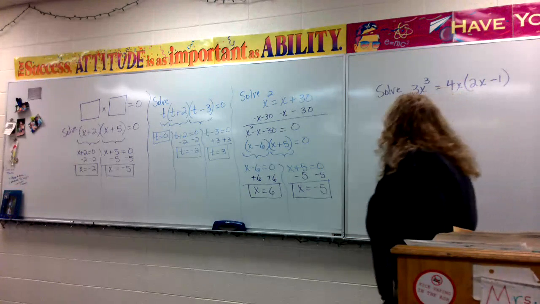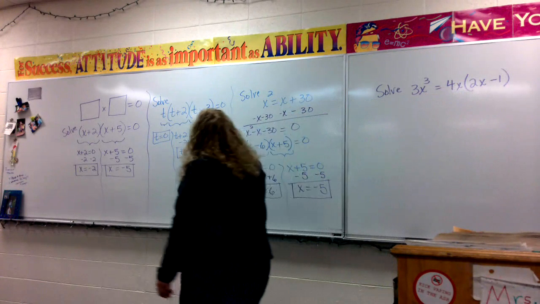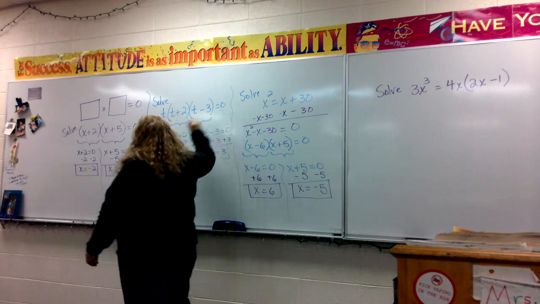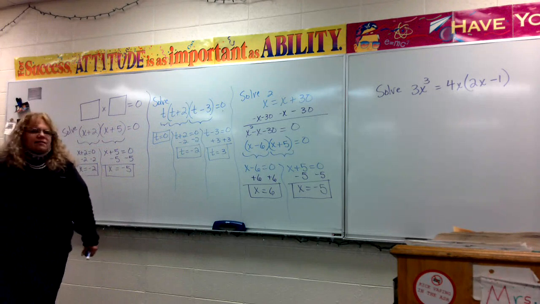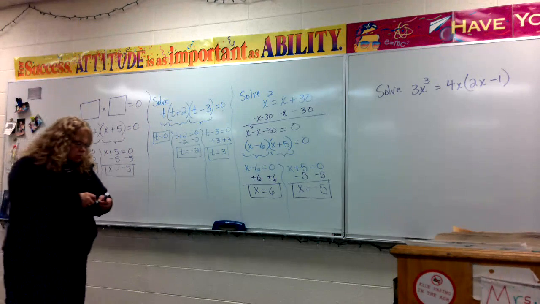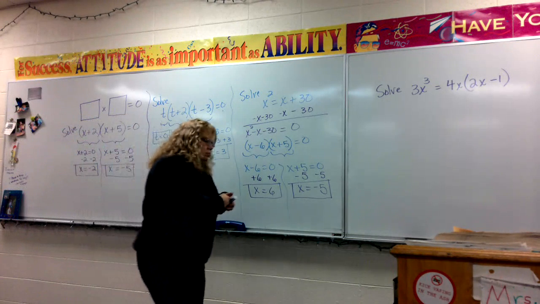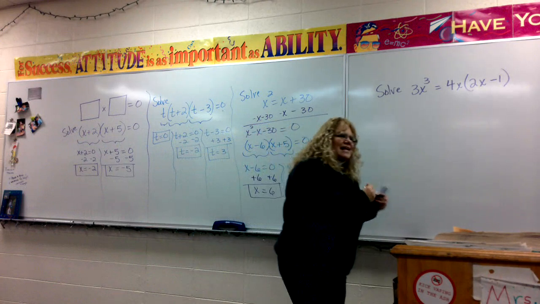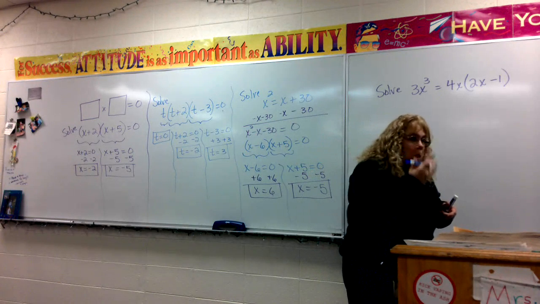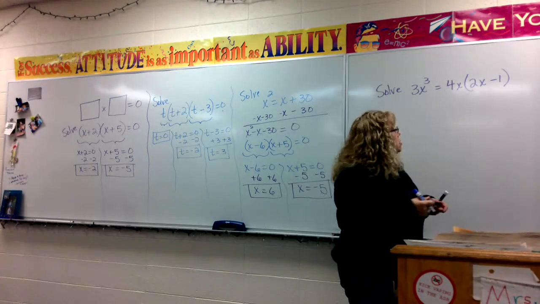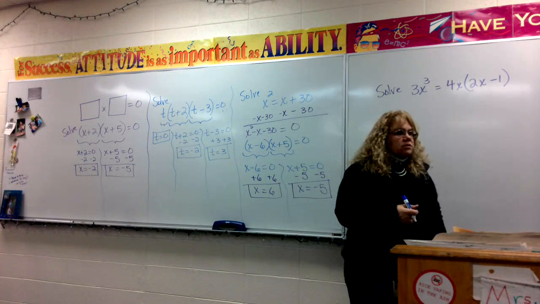So now what? What do they all have to equal? 0. So how are we going to get that equal to 0? Maybe subtract.